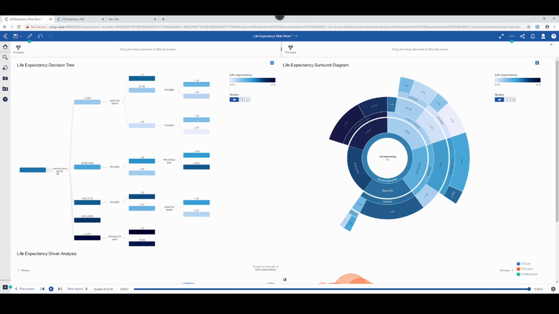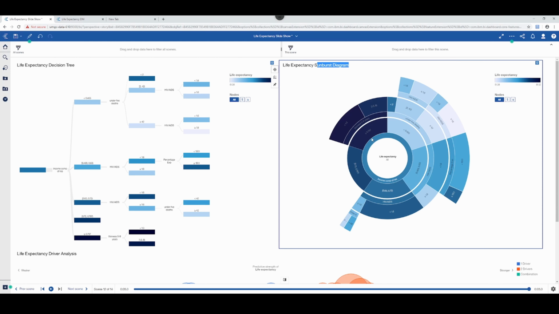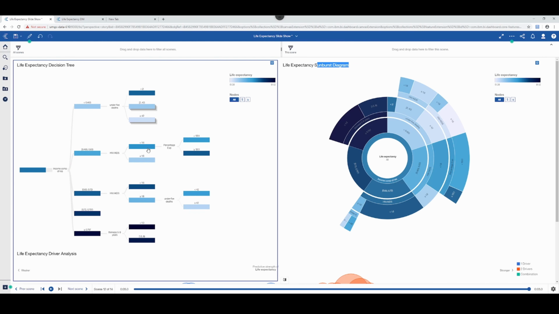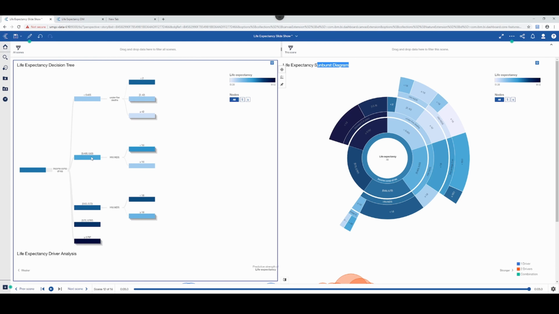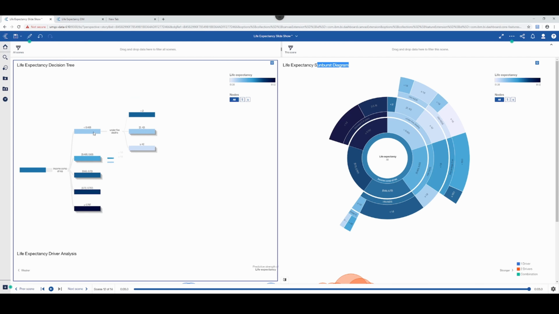It picked up the Human Development Index first, and we can see over here in the sunburst diagram how much of the data fits in each of these categories that it's split into. So we can minimize all these and do the same for the sunburst diagrams. We can follow along.